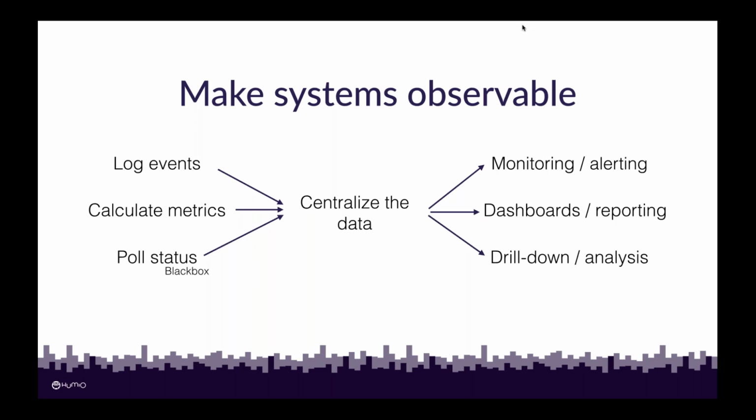We do dashboarding and reporting in order to make it much easier to get a quick insight into how the systems are behaving and have behaved. And then lastly, we do drill down and ad hoc analysis. This is typically when we have an incident or there is a question that we want to get answered that is not of the standard sets that we have.